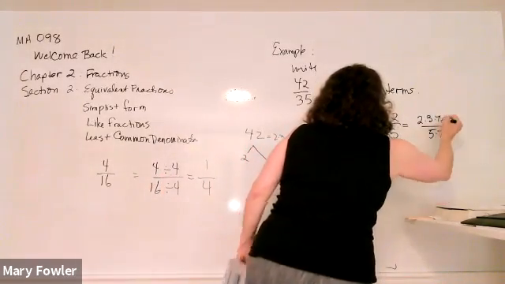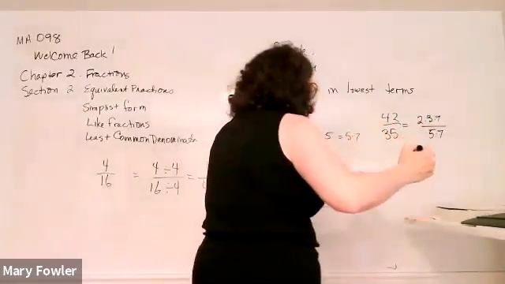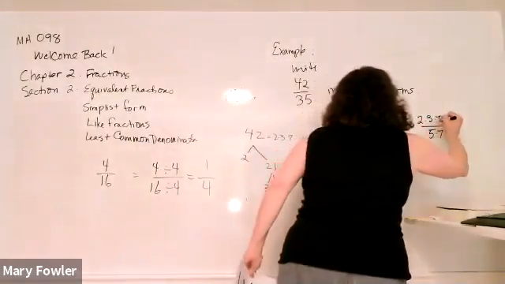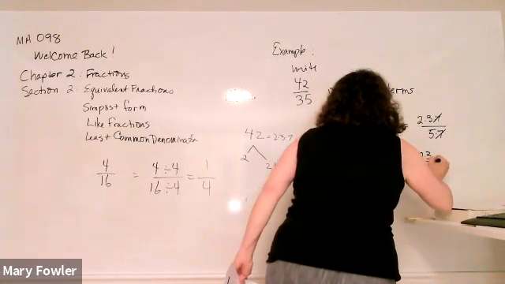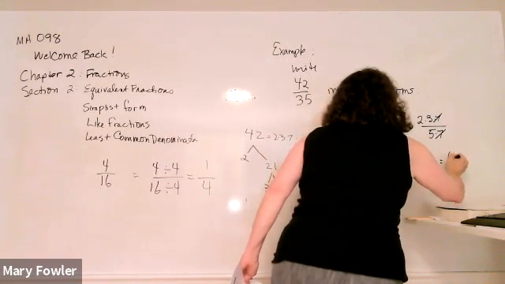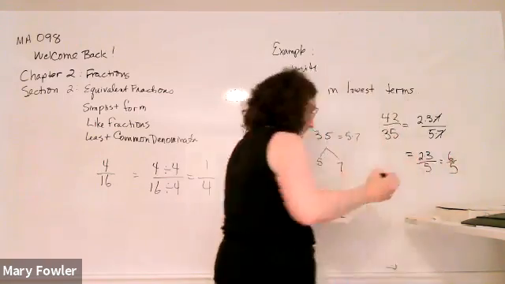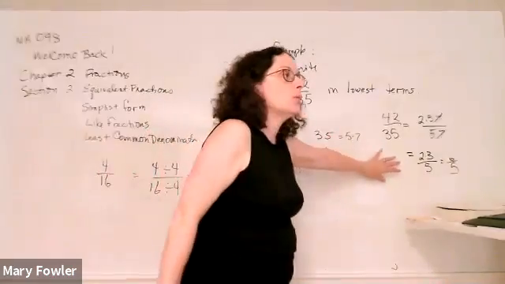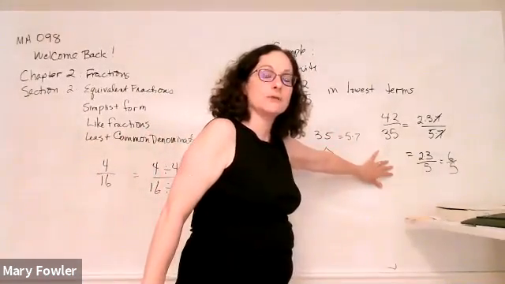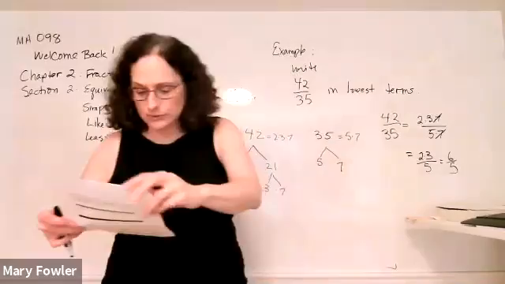And what we see is we can divide out the common factors. We can cancel out the 7, and we get 2 times 3 over 5, or 6/5. So that's how we can ensure that we have a fraction in its lowest terms.